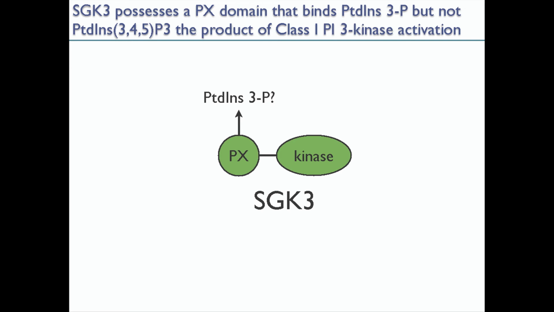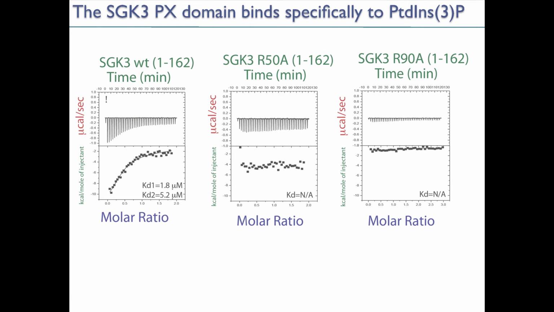And we verified this. Some of these studies were done some time ago, so we've reevaluated all the old studies that have been done on this and confirmed their data is correct. Wild type SGK3 binds to PI3P. We've also identified 2 critical arginine residues, arginine 50 and arginine 90, that are required for the ability of SGK3 to bind PI3P.